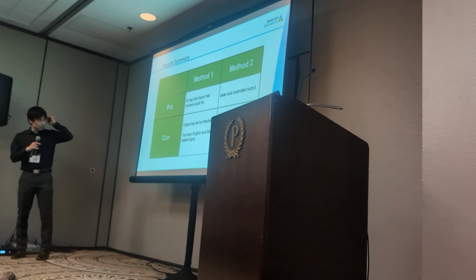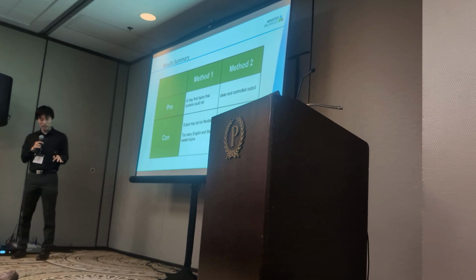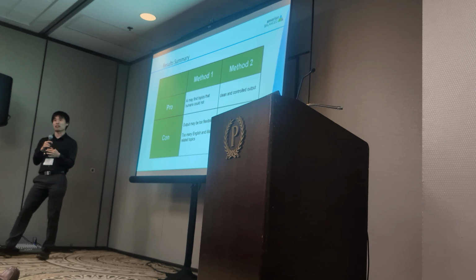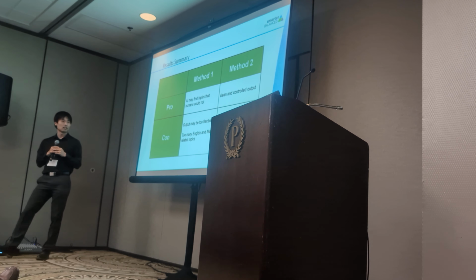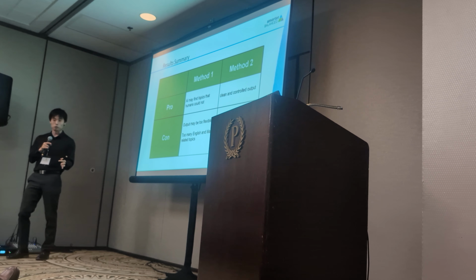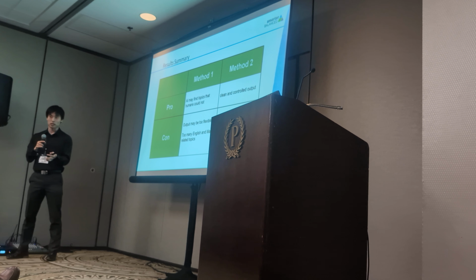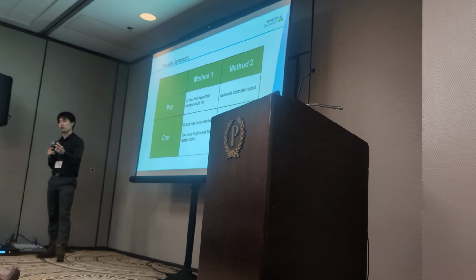But overall, the first method was a very flexible method where we let the AI do its thing and it found the topics for us. But the problem was the output was very flexible and it found too many English and math topics, and maybe some of the topics were too similar to each other.